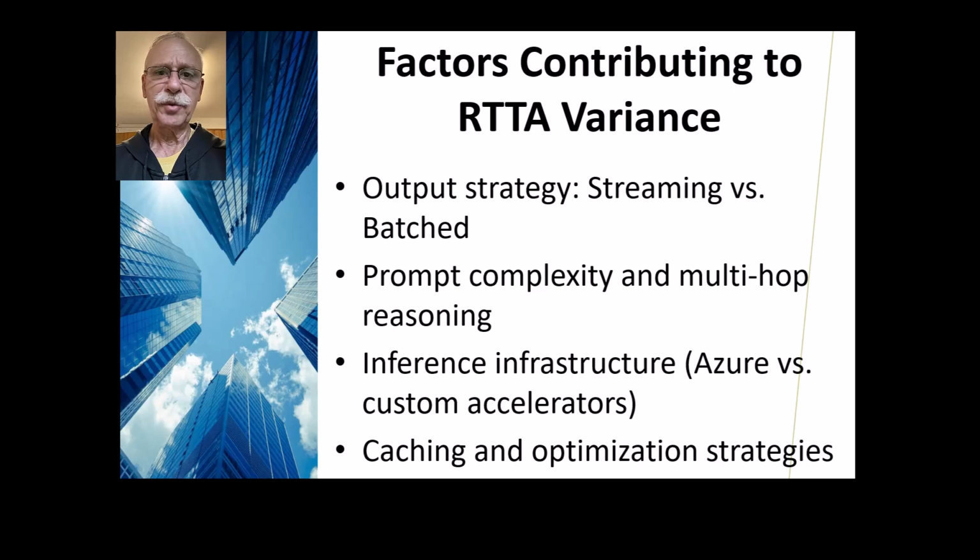ChatGPT runs on Microsoft Azure's highly optimized stack. DeepSeek uses NVIDIA GPUs and likely some custom inference accelerators. Lastly, internal caching and optimization strategies may differ. ChatGPT may be reusing vector paths across similar prompts, while DeepSeek seems to regenerate fully every time.